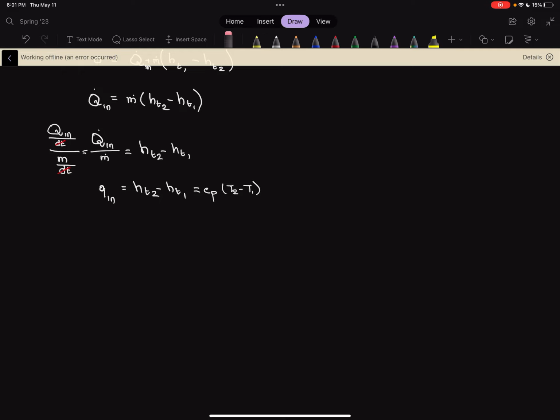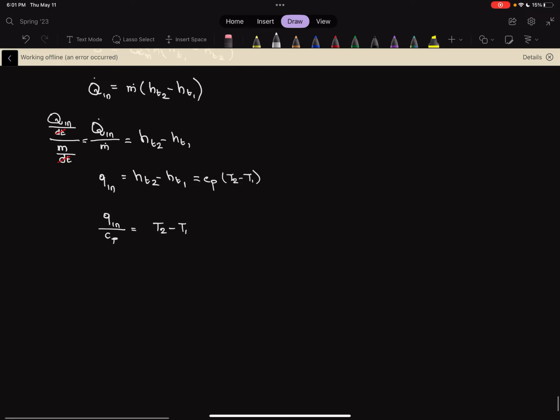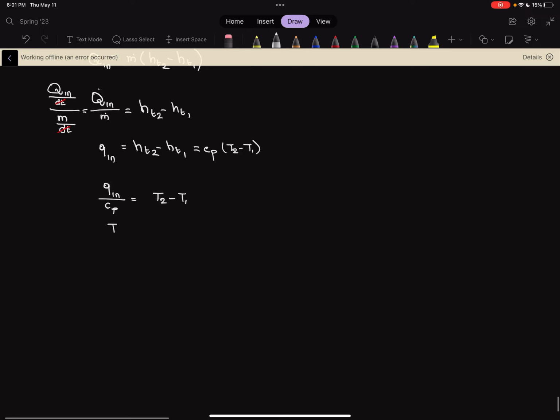So let's do it one step at a time. You want to divide by Cp, because I'm starting to free T2. So we get Q in over Cp, and that's going to be T2 minus T1. Then I want to add T1 to both sides. I'm going to flip the equal sign, and I'm going to get Q in over Cp plus T1 is going to be equal to T2.